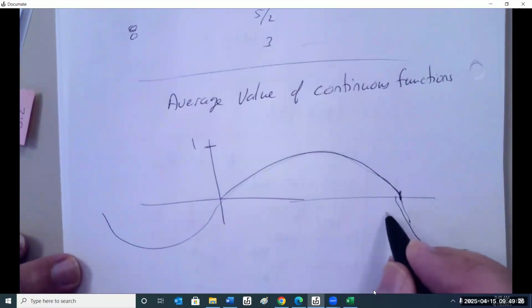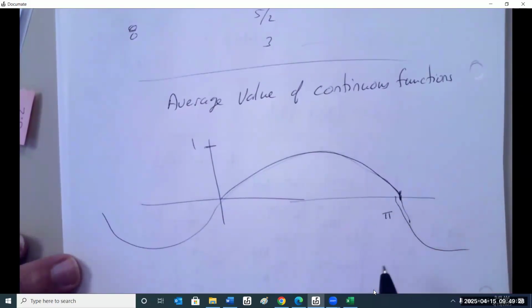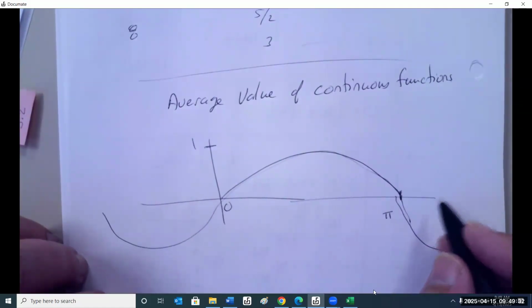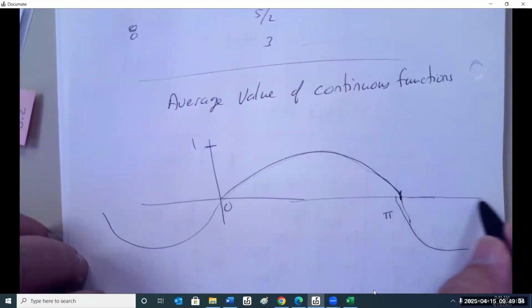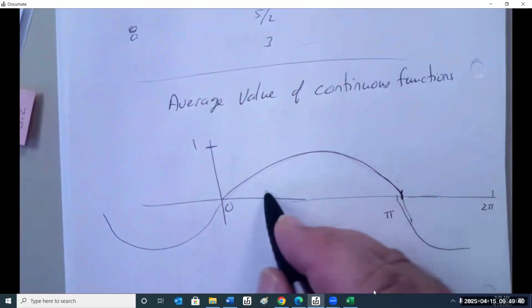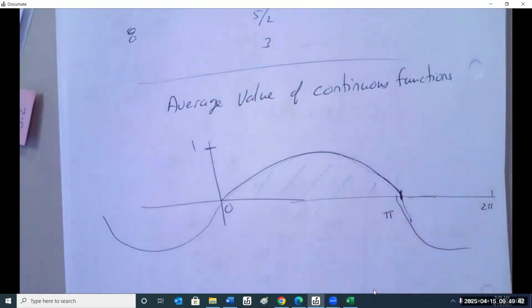The period is from 0 to 2 pi. Let's look at this area here. What is the area under this curve? We'll do that next time.